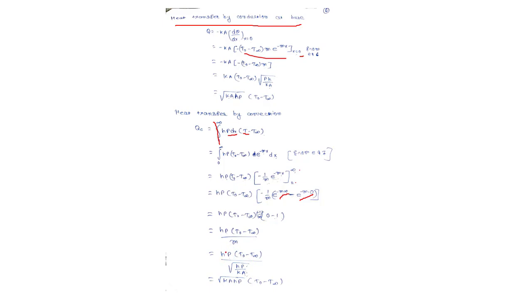Rearranging this equation and putting the value of m, m is the root of hP/kA, we get √(kAhP)(T0 − T∞). So at x equal to 0, the heat transfer by conduction and convection are the same in a long fin. Thank you.